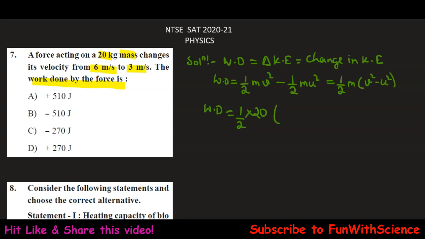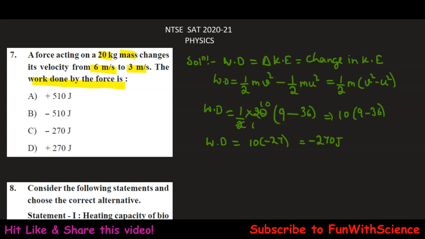V is final velocity, 3 meter per second, and 3 square is 9, minus u square, initial velocity is 6, so 6 square is 36. So that would be 2 ones are 2, 2 tens are, so this is 10 times (9 minus 36), that is 27. Therefore work done is 10 times minus 27, or minus 270 joules, where joules is the SI unit of the work done.